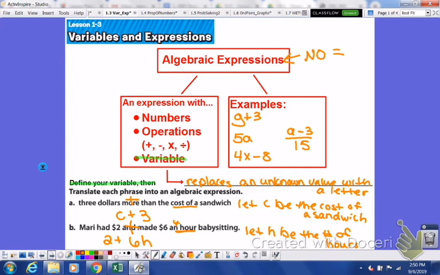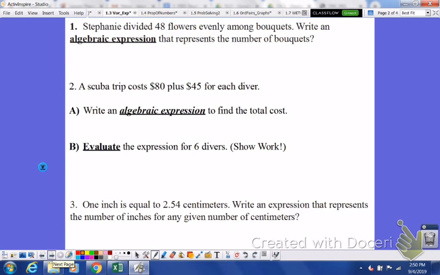All right, if we go on to the bottom of your page. Number 1, Stephanie divided 48 flowers evenly among bouquets. Write an algebraic expression that represents the number of bouquets. Remember, expression, no equal sign. So what don't I know? I read back through this, I don't know the number of bouquets. So starting off with our definition, let B be the number of bouquets.